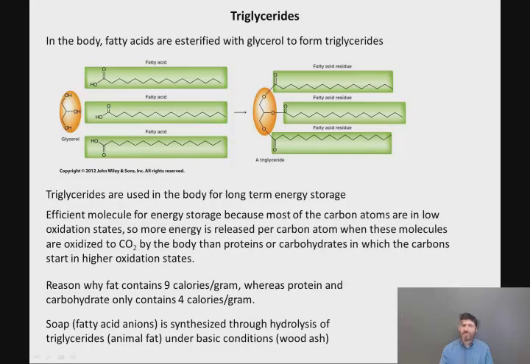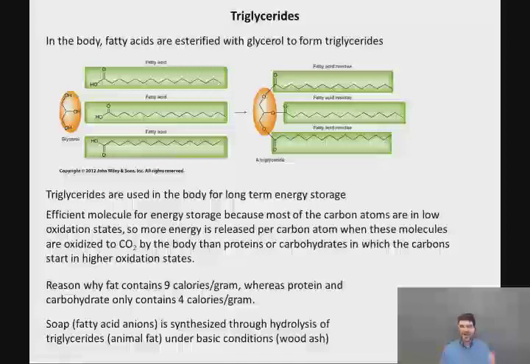The last thing I want to talk about in the context of fatty acids and triglycerides is actually soap. So the anions, the conjugate base of fatty acids, serve as soaps because they have a nonpolar tail and a polar head. When you have the conjugate base of a carboxylic acid, you have the carboxylate anion.